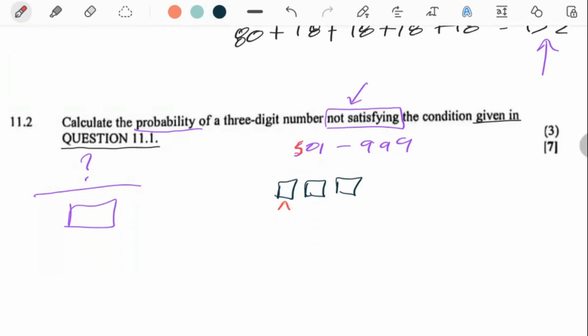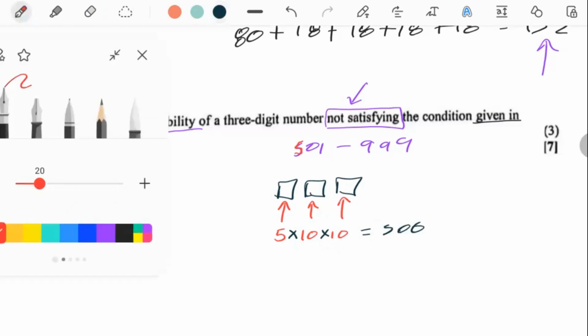So it means in this position, we have 5 options. You see? And then in this position, we technically have all 10 options. And then in this position, we also technically have all 10 options. So in total, we have 10 times 10, which is 100, times 5, which is 500. However, we need to be careful to subtract 1.